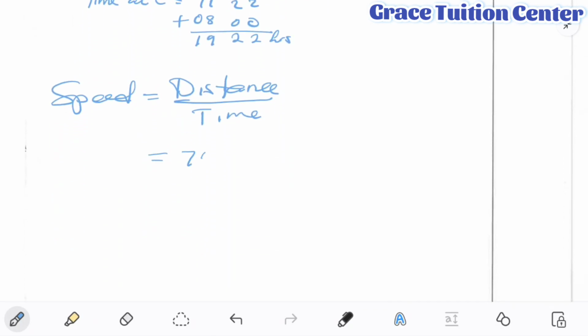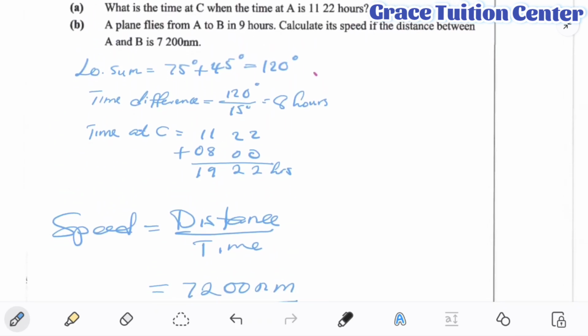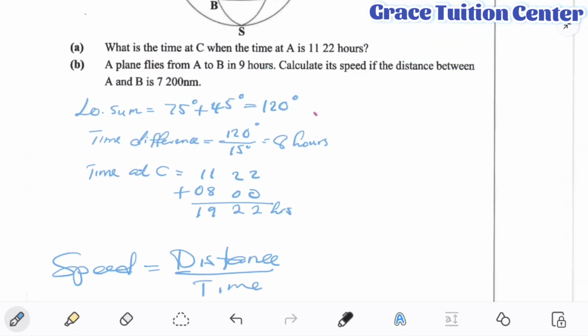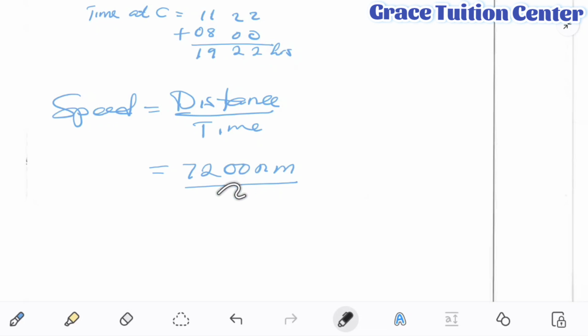Our distance is 7,200 nautical miles. And what is our time? Our time is 9 hours. So clearly in the question here, we're given 9 hours as our time, and 7,200 nautical miles as our distance. So we can go ahead and divide this by 9 hours.